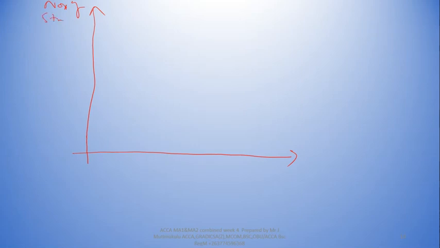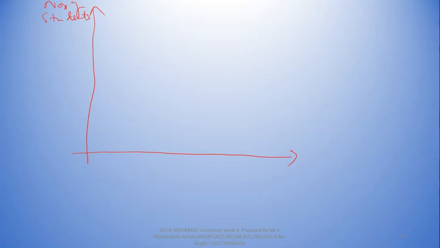So this is our y-axis, and this is our x-axis. The y-axis shows the number of students, and the x-axis is the year of study.